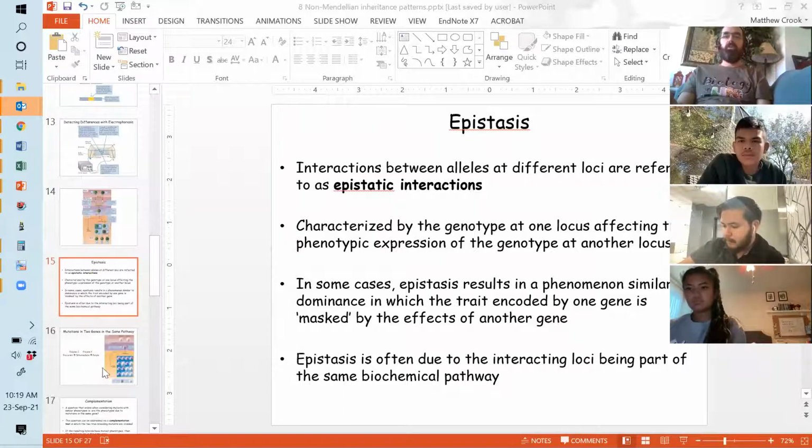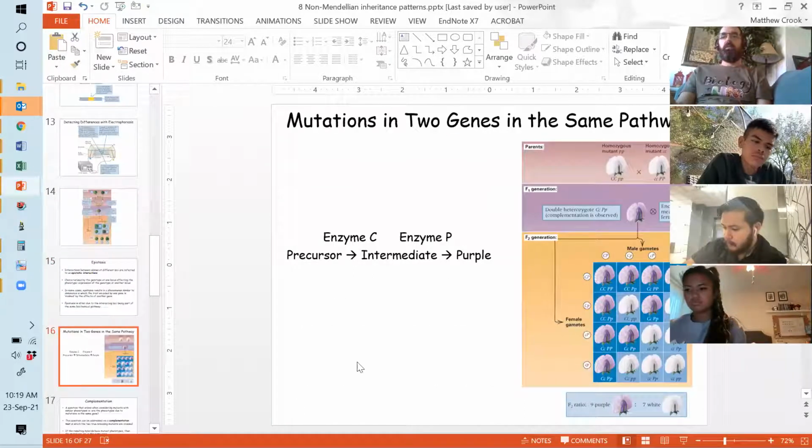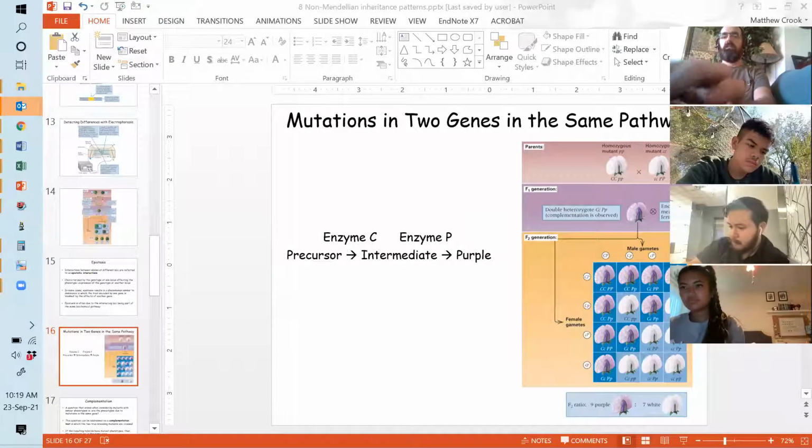And so here's one example of that, right? So this is negative epistasis. And so essentially negative epistasis is two genes in the same pathway.